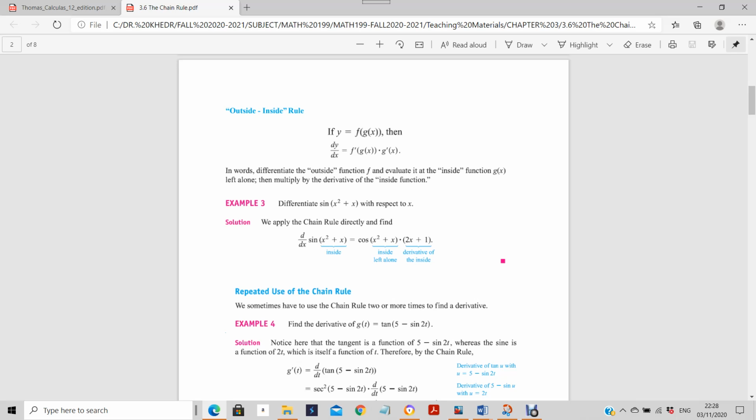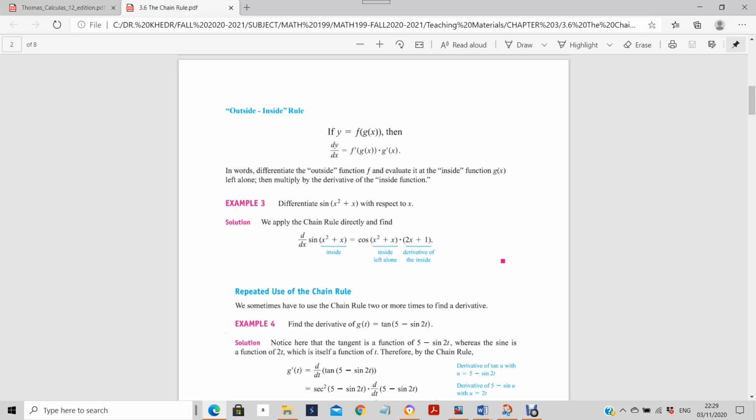As an example, let's differentiate sine of x squared plus x. So x squared plus x is in a bracket, okay? We need to differentiate this function with respect to x. So what you do is, you say, what is the derivative of the sine function? It's the cosine function. So the derivative of this function, sine of x squared plus x, will be cosine of x squared plus x.